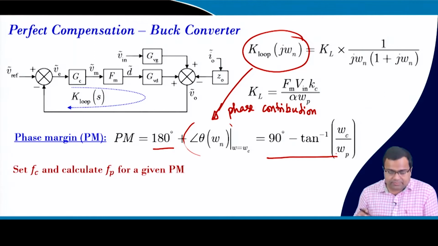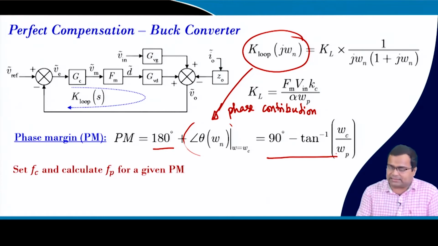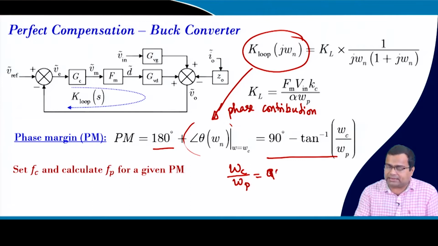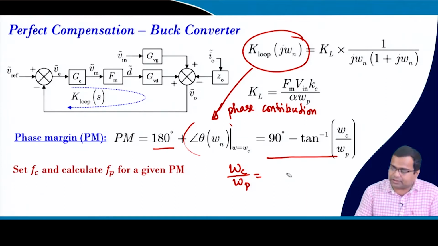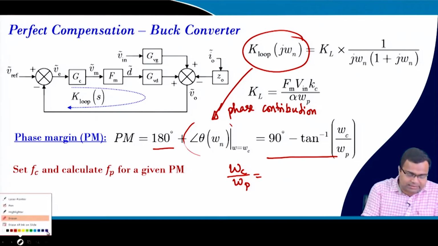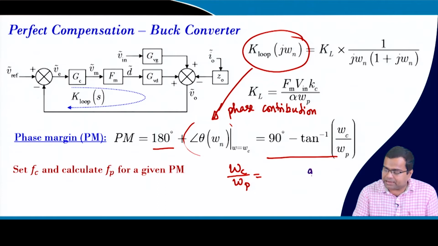From this relationship, we can write omega c by omega p as tan of 90 degrees minus phase margin.